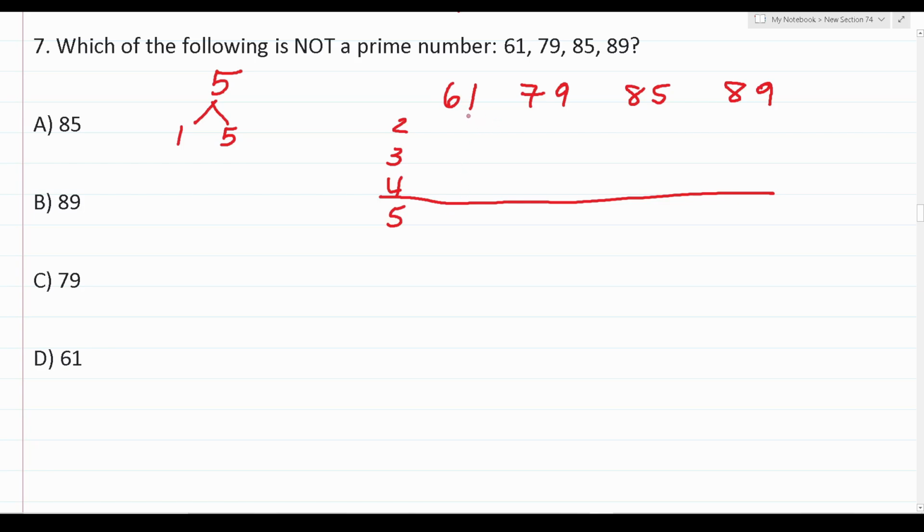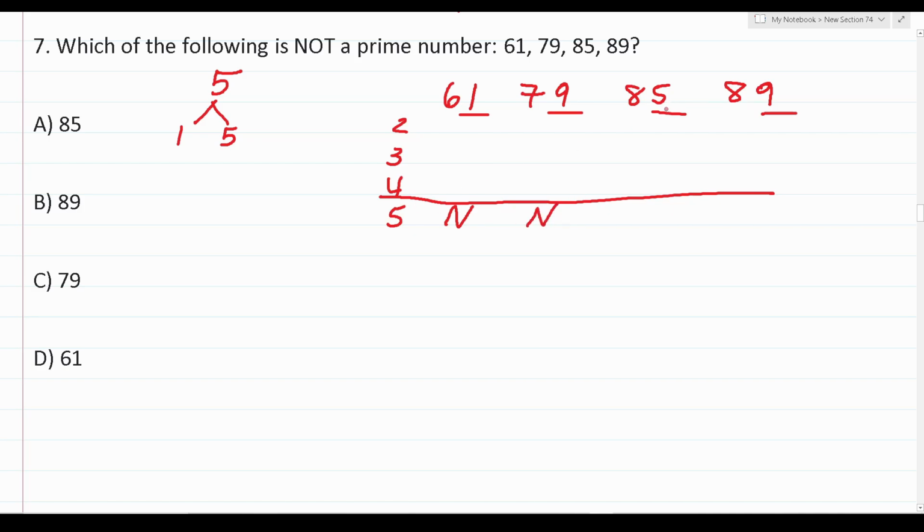So we're going to be looking at all the last digits in these numbers, right here, right here, right here, and right here. What's the last digit in 61? It's 1. That's not a 0 or 5, so I know 61 is not divisible by 5. The last digit in 79 is a 9. That is not a 0 or a 5, so I know 79 is not divisible by 5.